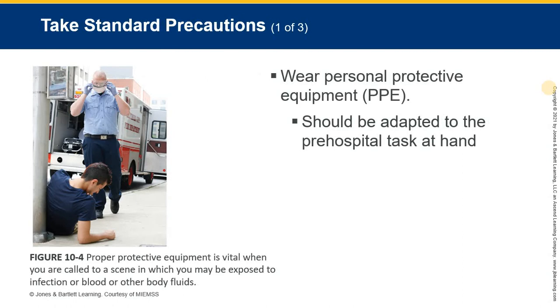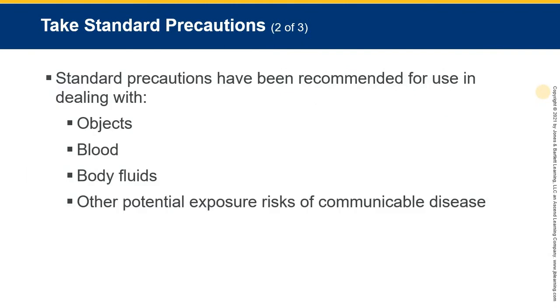Just remember that whatever BSI, body substance isolation, or PPE, personal protective equipment, that you wear should be adapted to whatever you're actually doing. There are standard precautions, which basically means there's a standard of what sort of protective equipment you should be wearing, for things like blood or bodily fluids and any hazardous objects, such as if the fire department has to cut someone out of the car.